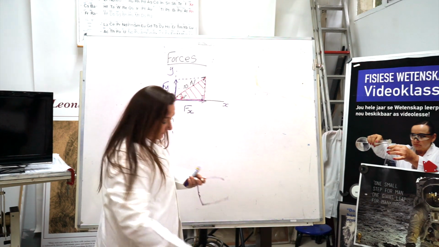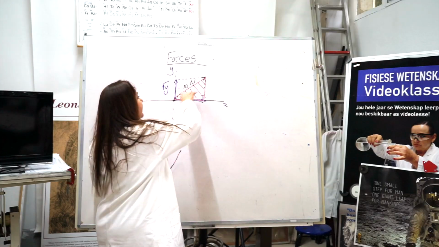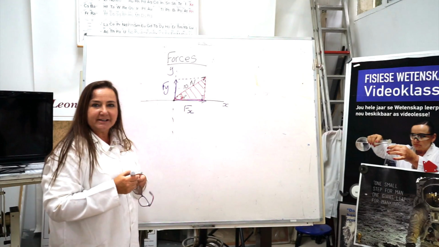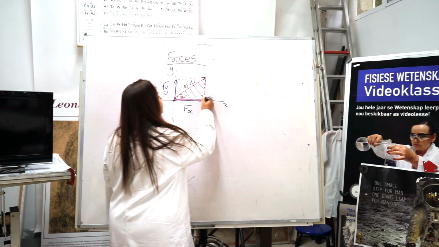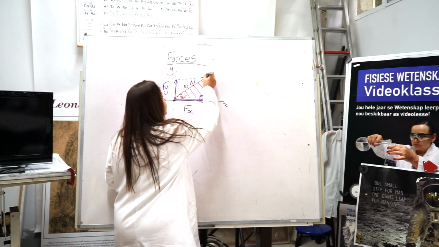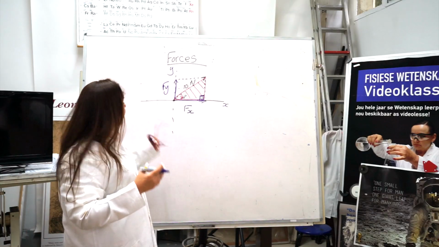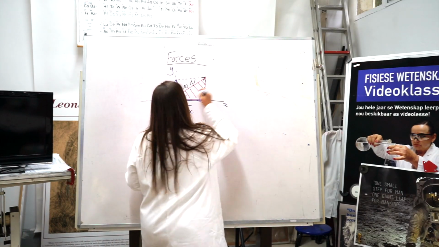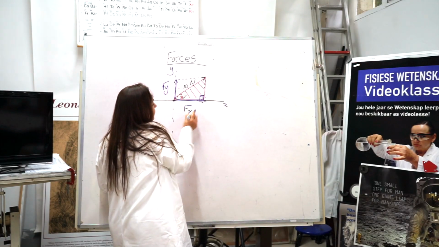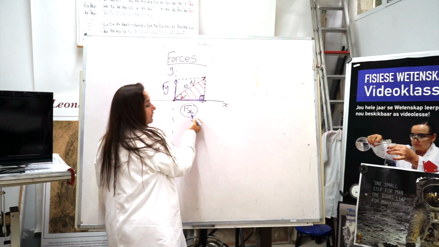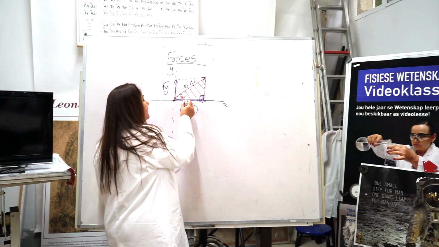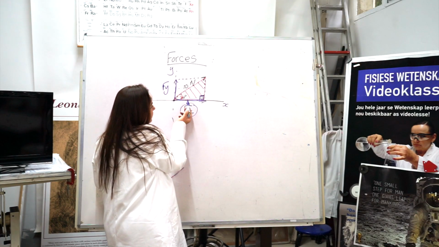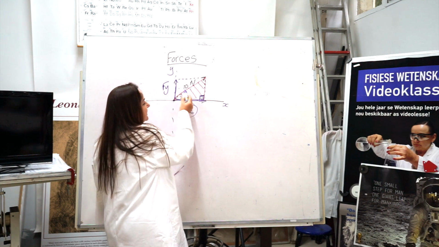So what do we have there? We only have that value, 10 Newton, and we have this as 30 degrees. But I'm sure you notice you've got a perpendicular triangle. Because I want to work out Fx, I'm going to say this is the side adjacent to this angle.